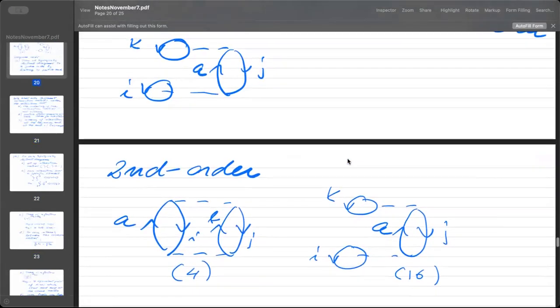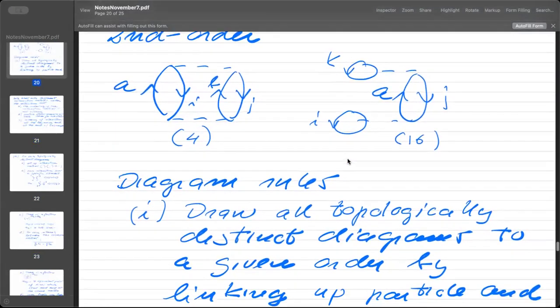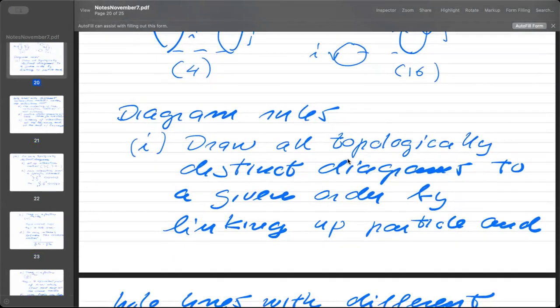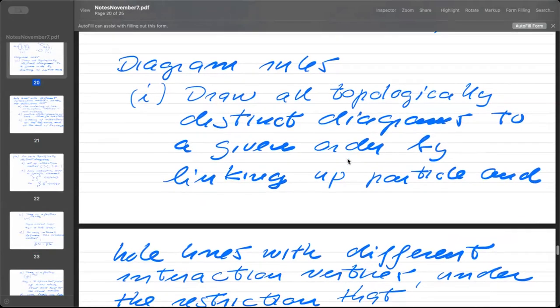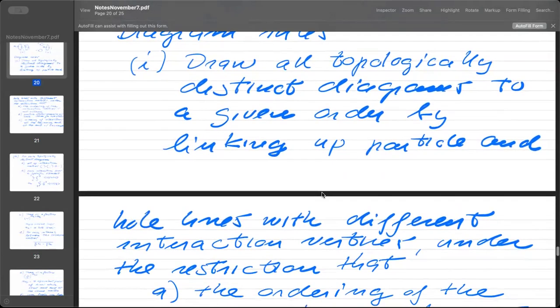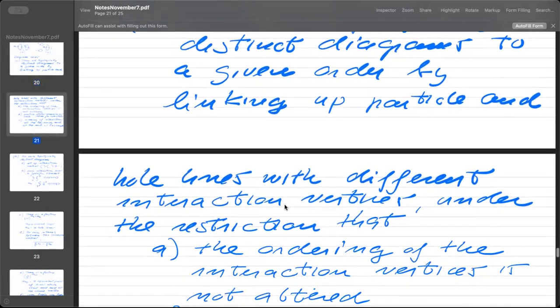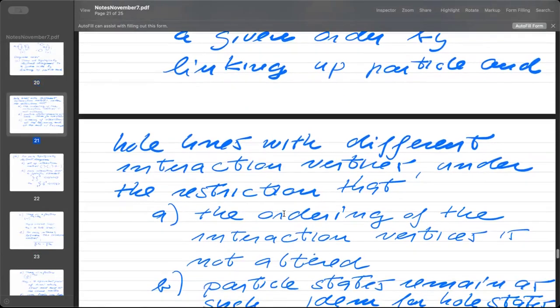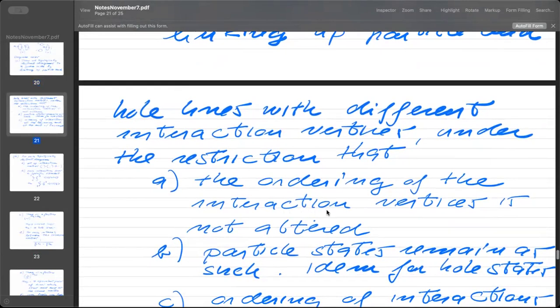So if we now set up the diagram rules, the first one is to draw all topologically distinct diagrams to a given order, where we link up particle and hole lines with different interaction vertices. And there are some specific restrictions, then, that the ordering of the interaction vertices is not altered.